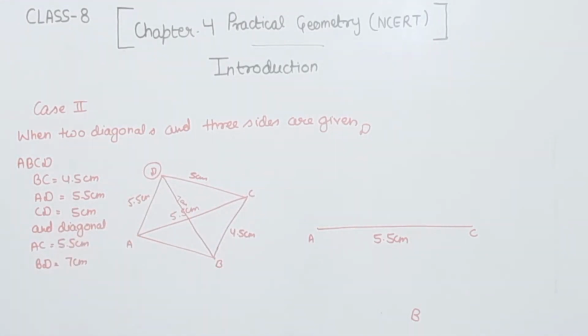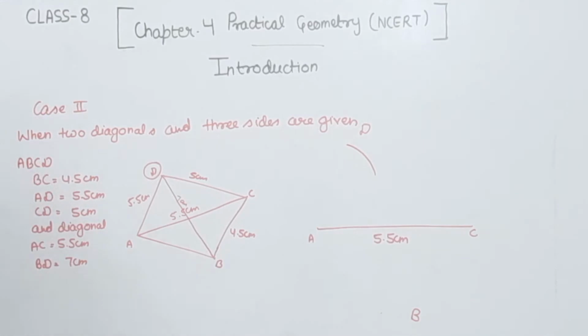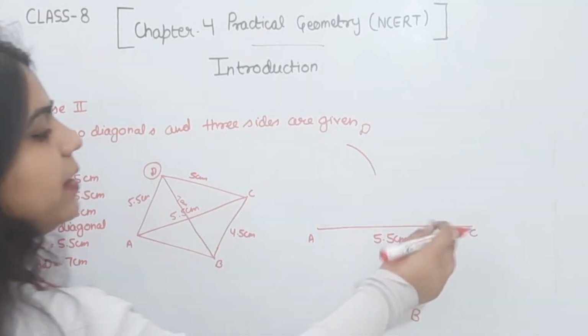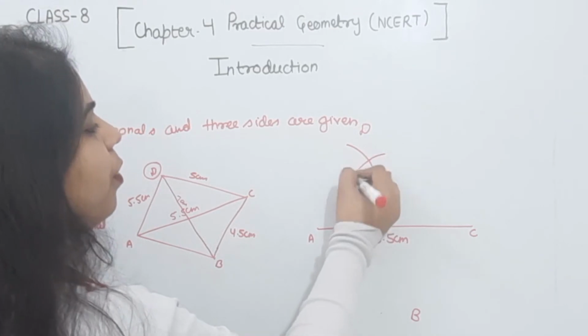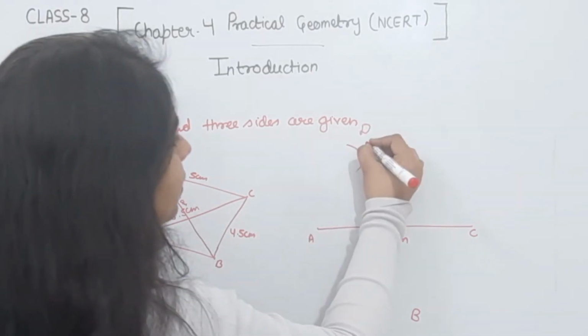For this, we take 5.5 centimeters on the compass and draw an arc. Now this is the point D. So CD will be 5 centimeters. Now we take 5 centimeters on the compass and with C as the center we draw one more arc. Now the intersecting point will be the point D.